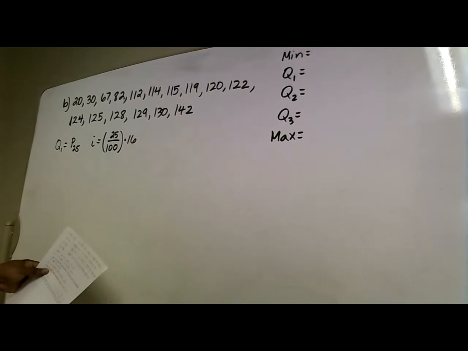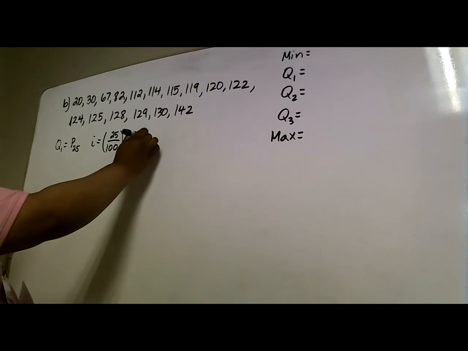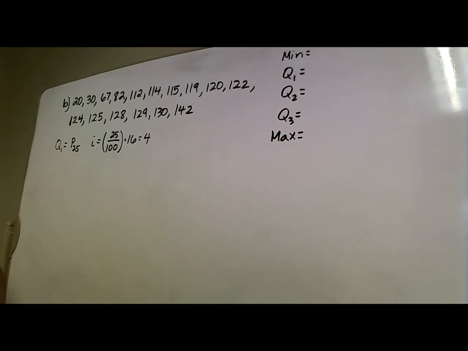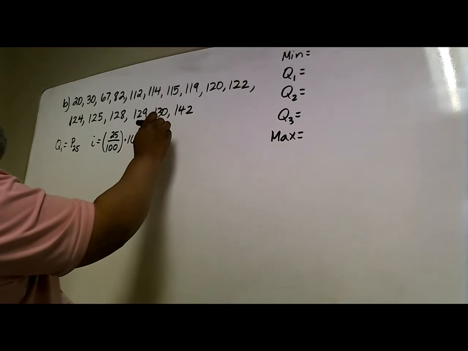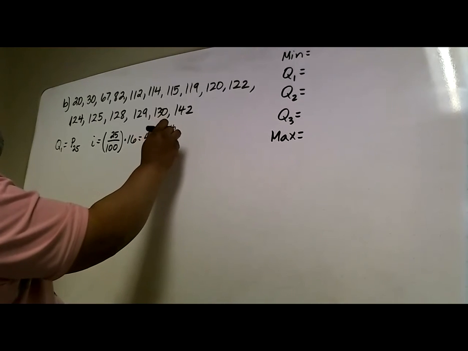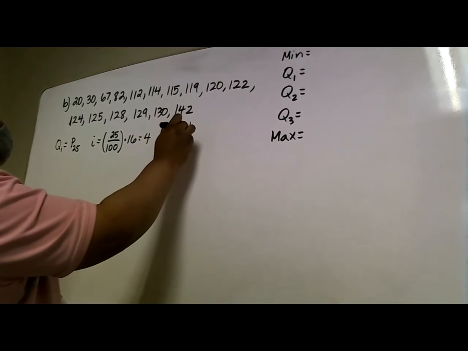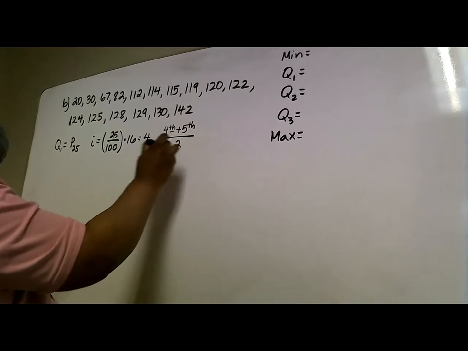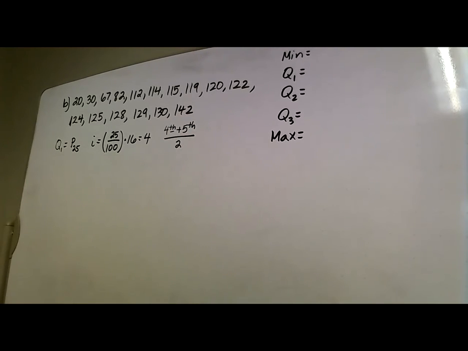So we've got 25 divided by 100 times 16, and that's going to be 4. It ended up being an even number, so that means we need to look for the fourth number and the fifth number and take the average of the two.